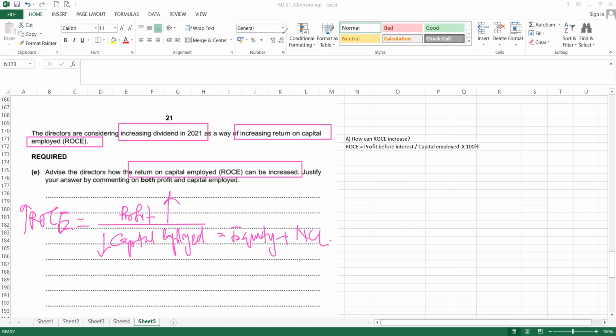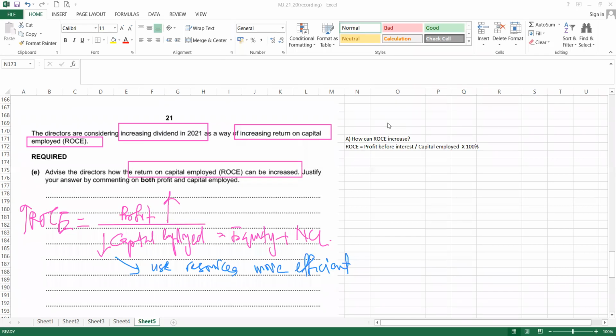This reduction is actually talking about the use of the capital employed, using the business resources more efficiently. It means that we spend less money to get maximum use of the assets in the company or the liability. That is called using resources more efficiently. You can reduce the capital employed. So there are two ways that can cause the ROCE to increase.